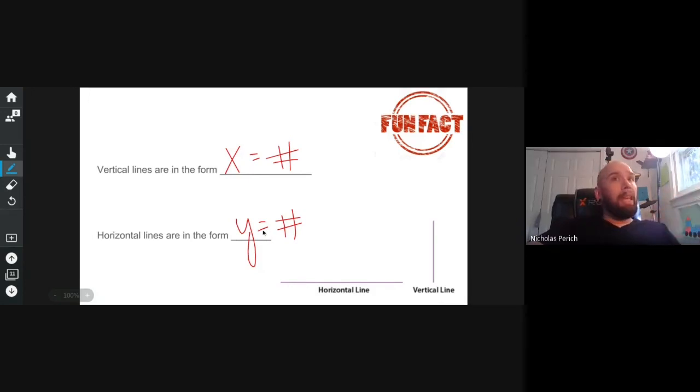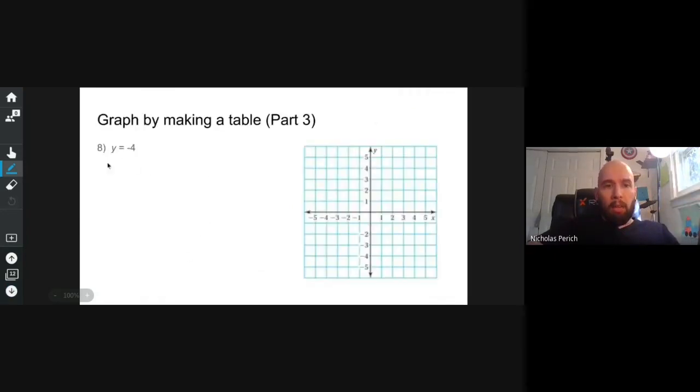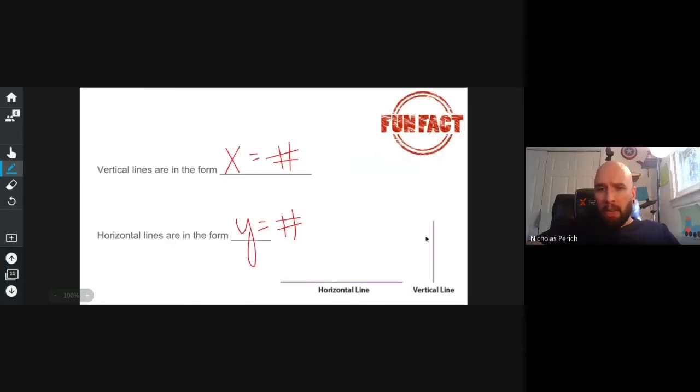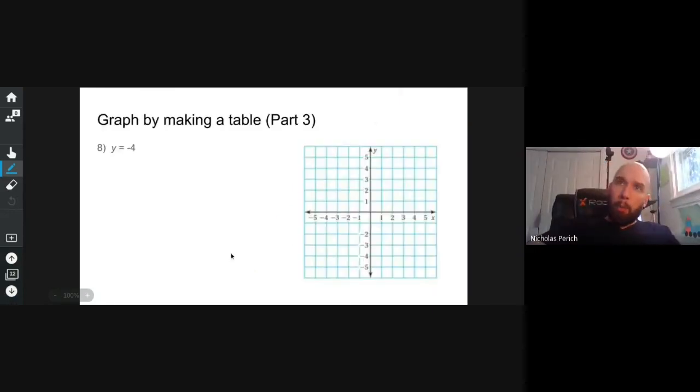So if I give you a line like x equals 4, x equals 8, x equals negative 2, or in the previous case, x equals negative 0.5, it's going to be an up and down line. If I give you a line in the form y equals a number, it's going to be a nice, perfectly horizontal line.